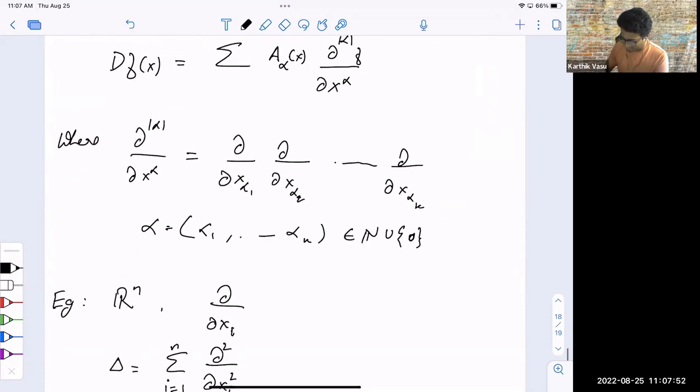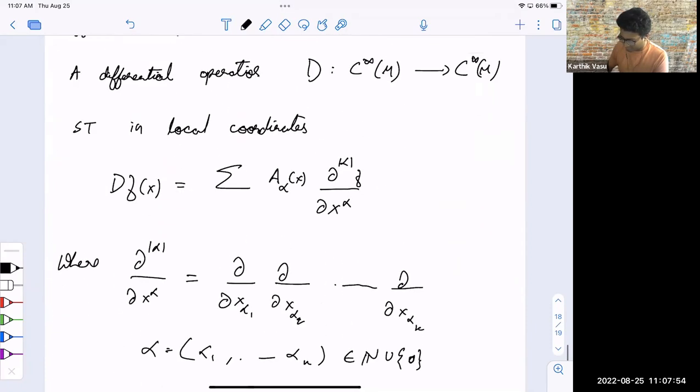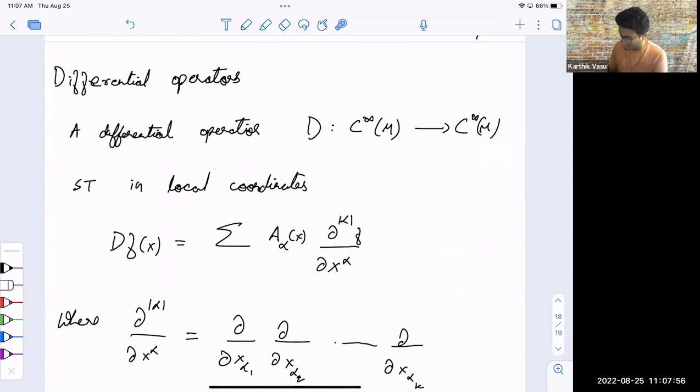So these were differential operators on functions. And as I had said, you can generalize functions. Sections are a generalization of functions. So these are just sections of the trivial bundle. If you take M cross R as a bundle and look at sections, those are C infinity functions.